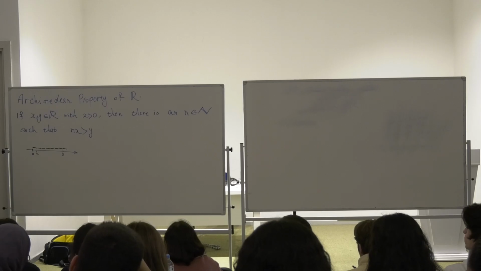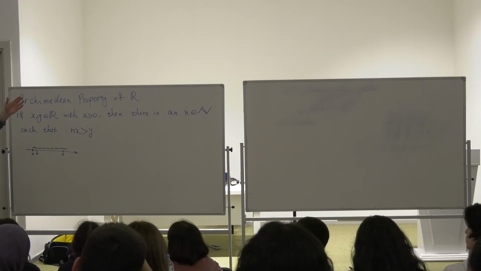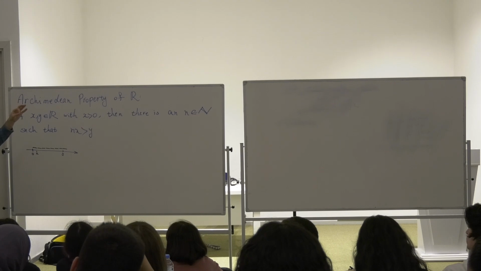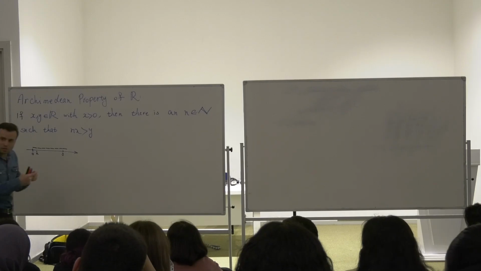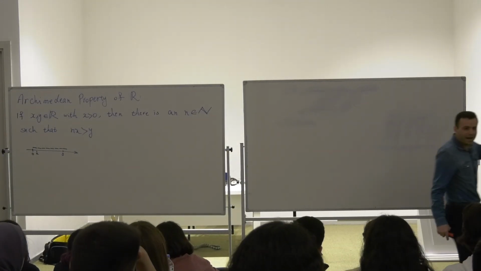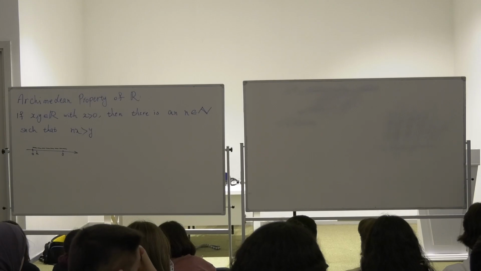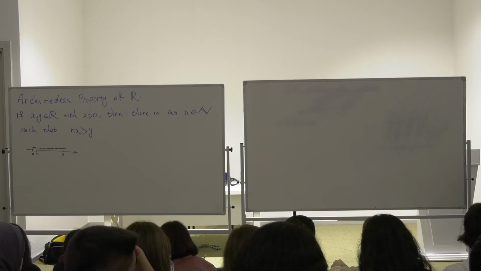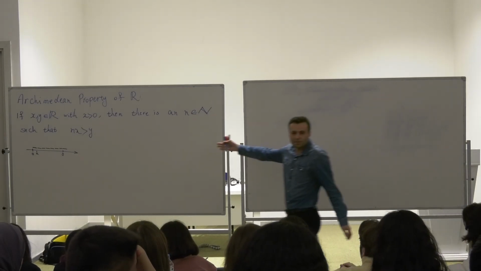No matter how far away a real number you take, and no matter how small but positive a real number you take, you can always add the small amounts together until you pass the first real number that you have taken. This is the meaning of this.